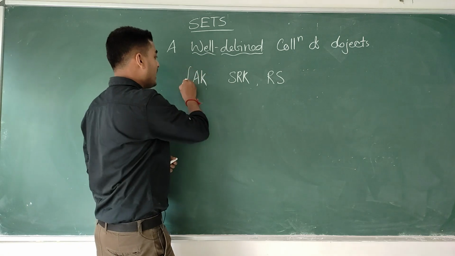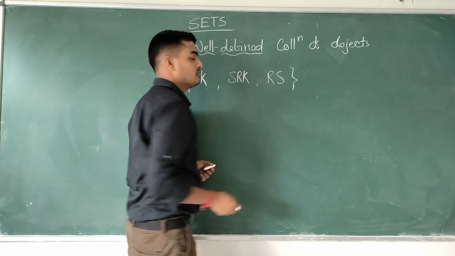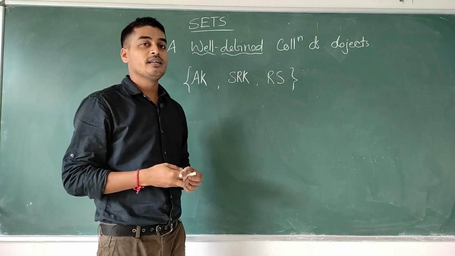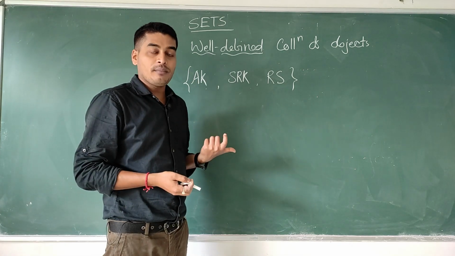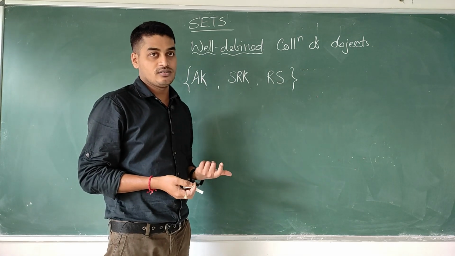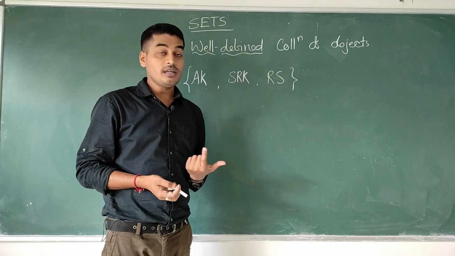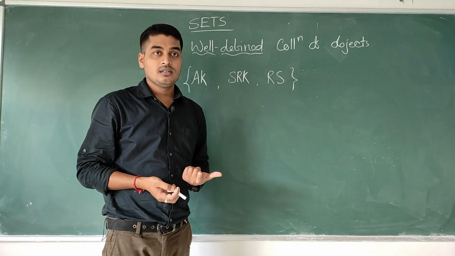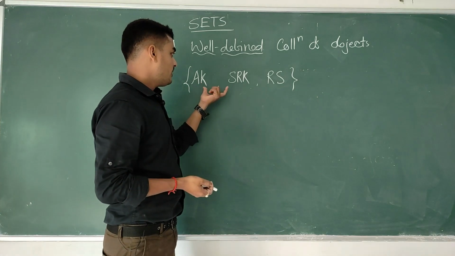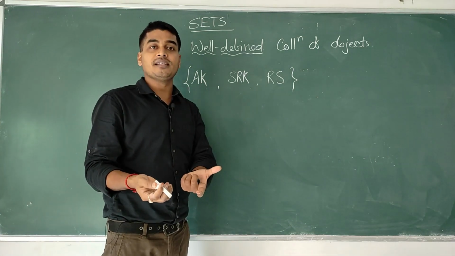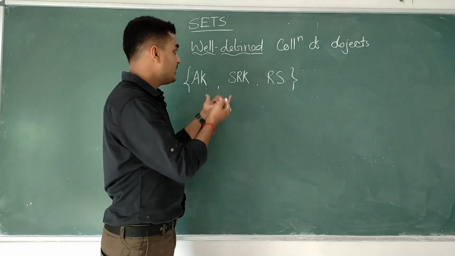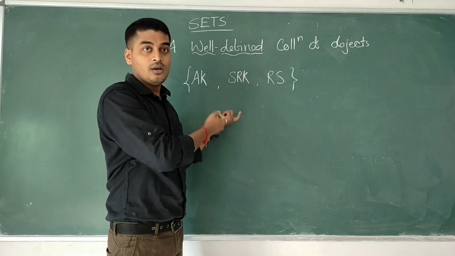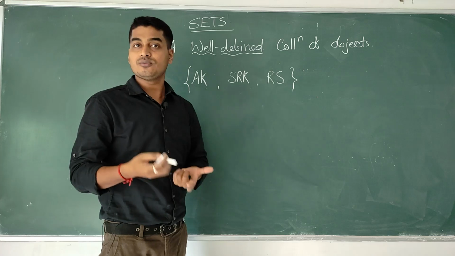But if I ask you people one by one, then Amir Khan, according to me, is the best actor, but according to you people, he may not be the best one. That means, if you write the answer randomly, then if I check your copies, the collection of 3 best actors will be different from person to person.